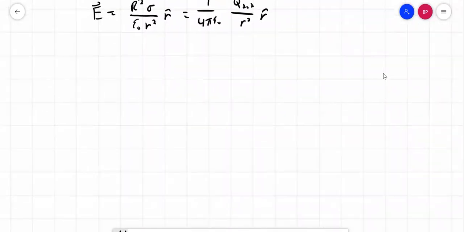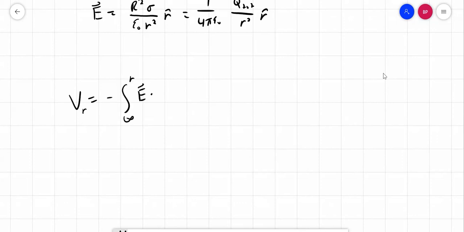All right, so let's find the voltage some distance outside. So we know that the voltage relative to infinity, maybe this is at some distance r, is minus the integral from infinity to r of E dot dl.